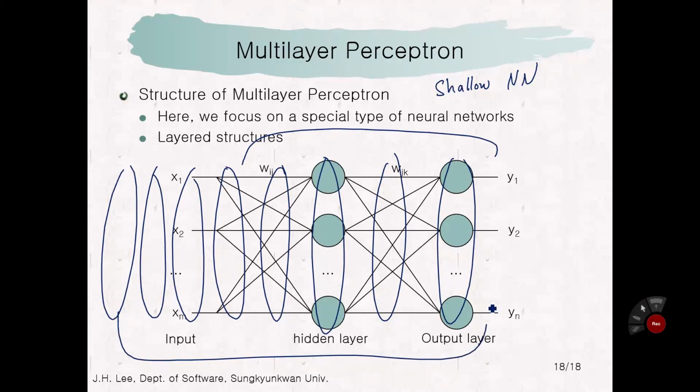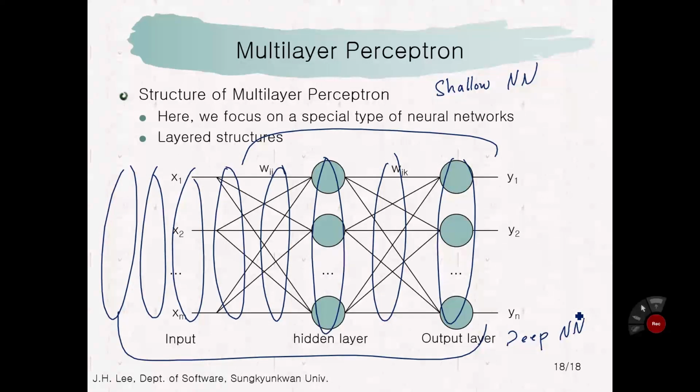Then this will be a deep neural network. So shallow network and deep neural network, they are the same thing. The only difference is the number of hidden layers. If you put down many hidden layers, your neural network will be deep. If you put down a small number of layers, then your neural network will be shallow.